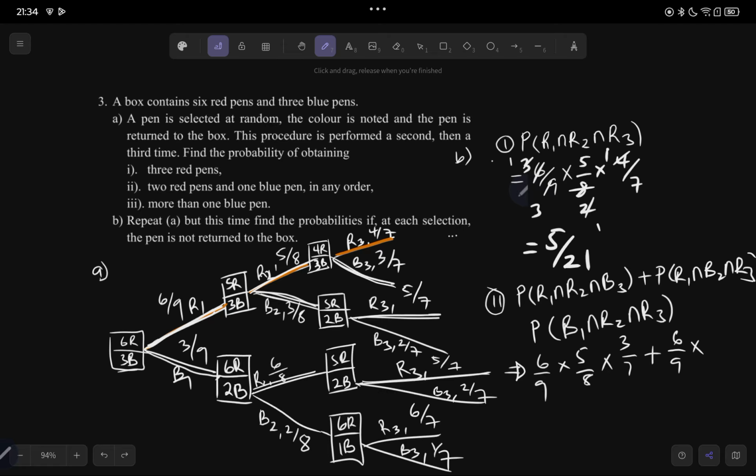Blue 2, 3 over 8. Then red 3, 5 out of 7. Then lastly, blue, red, red: 3 out of 9 times 6 out of 8 times 5 out of 7.